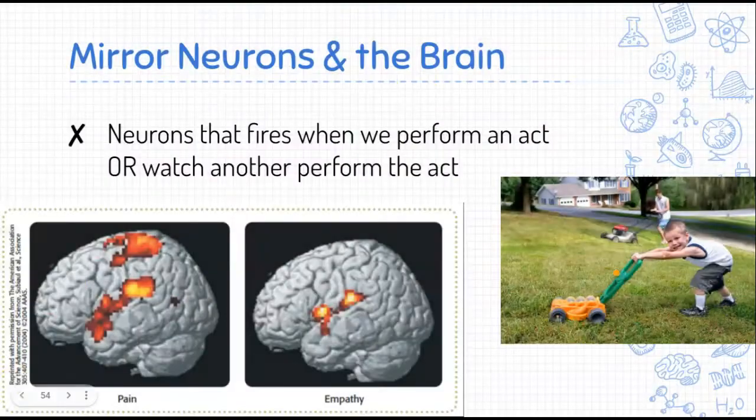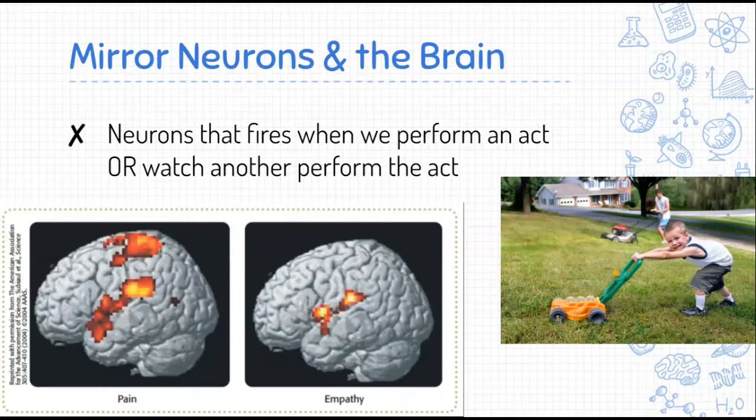All right, let's look a little bit more into this biology component of this. They've actually done some research and looked at the brain itself and what happens when people are watching another person performing an act, and then if they are performing that act on their own.